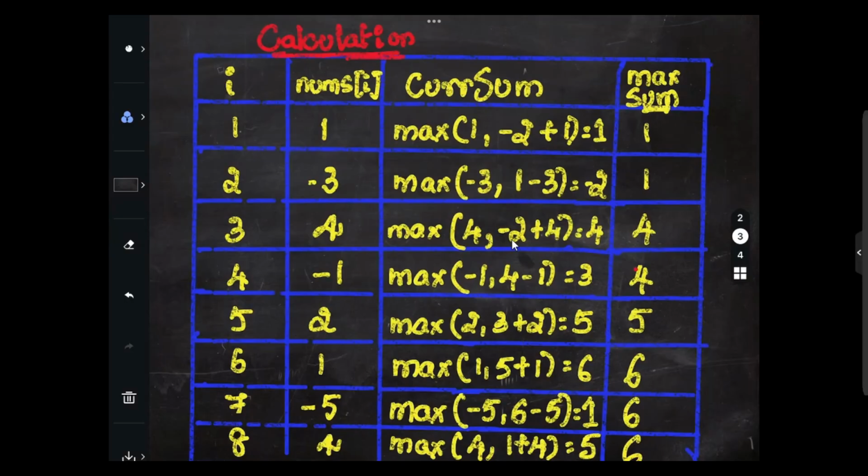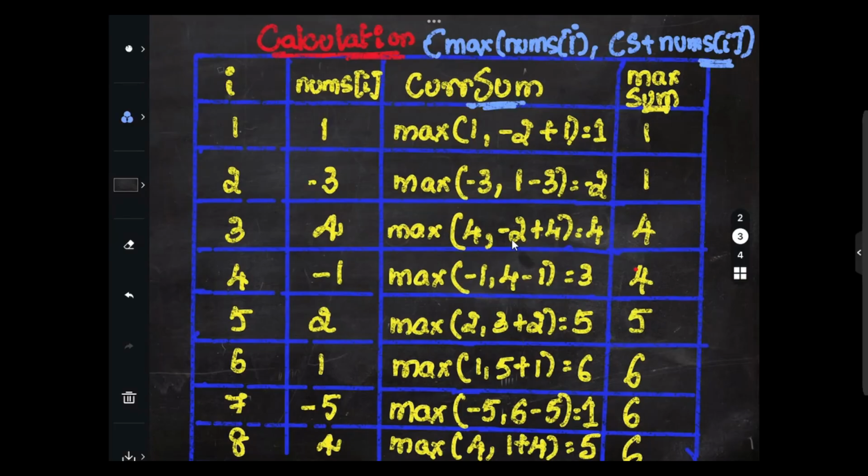So we have considered nums of i, and we have considered current sum. Don't get confused while I say current sum. Current sum is the max of nums of i, comma, current sum plus nums of i.